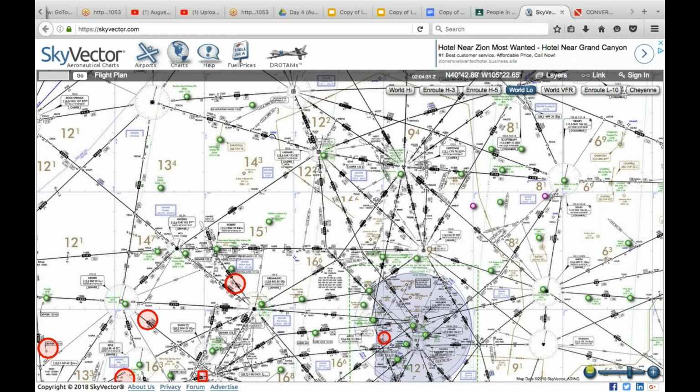It also, in the real world, when you file these published routes and file the jet routes and Victor routes, ATC will typically let you use that route.